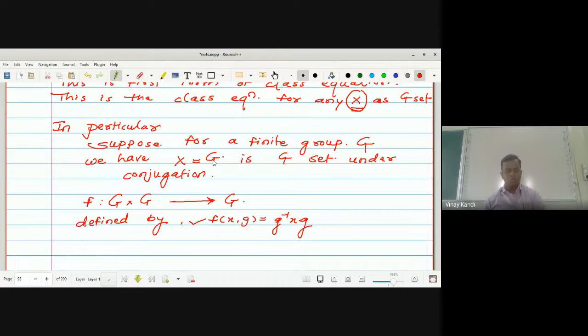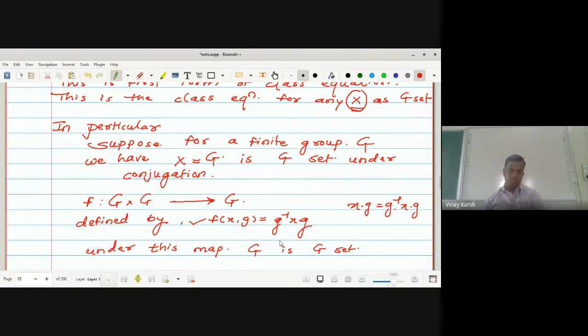Any doubt? म्हणजे तुमचा x into g हा कसा डिफाइन होतोय? इथे इंटू म्हणजे हा बायनरी ऑपरेशन कसा डिफाइन होतोय? g inverse x g. Okay, so under this map, G is a G set. Instead of X here we take X is equal to G. That means G is the G set.